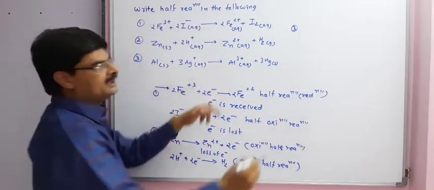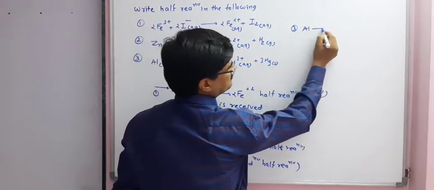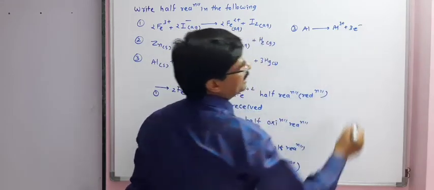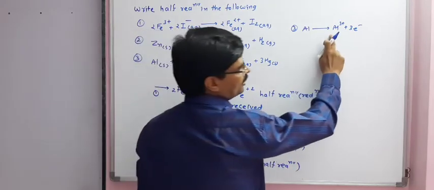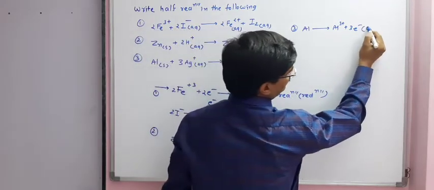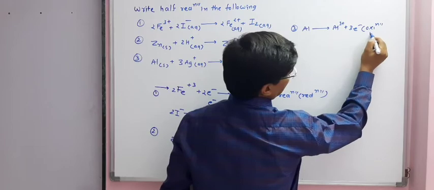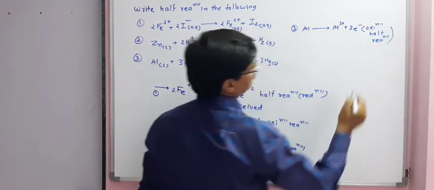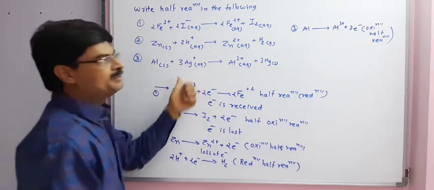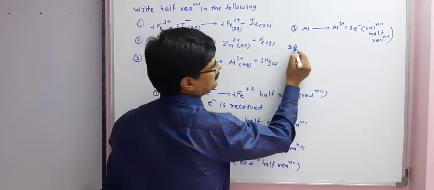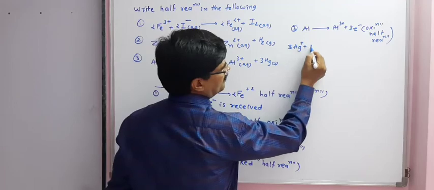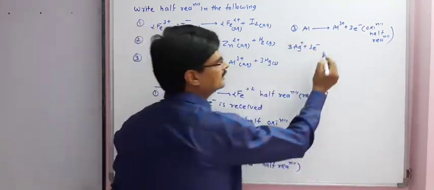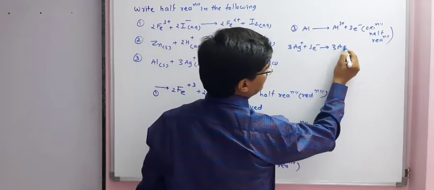Now for the third case, aluminium gives Al3+ by losing 3 electrons. So here loss of electron, that is why oxidation half reaction. And 3Ag+, by receiving 3 electrons which are lost by aluminium, will give 3Ag.